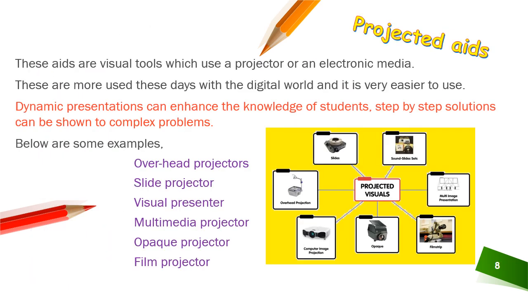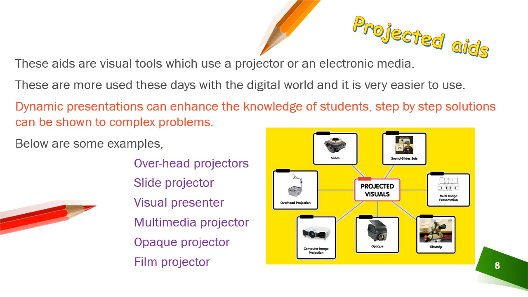The next category under visual aids was the projected aids. So, from the word you can understand, these use electronic media. For example, a projector maybe. These are used more these days because of the digital world that we are moving into.